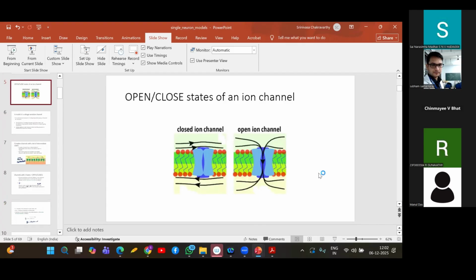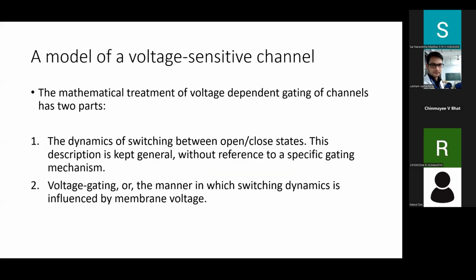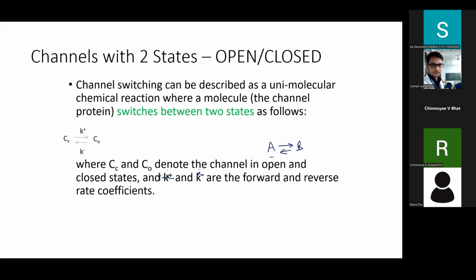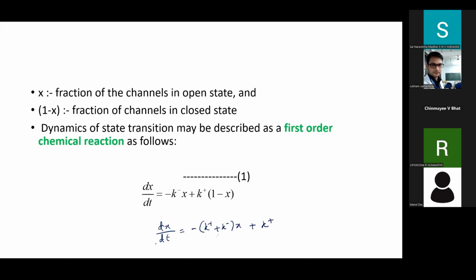You can see the slides, right? Yes, sir. So we began with this, and then we said this is just like a chemical reaction where one molecule becomes another, A to B, and the reverse reaction is B to A. Molecule A is, let's say, the closed channel, and molecule B is the open channel. Then we wrote down these equations, right?